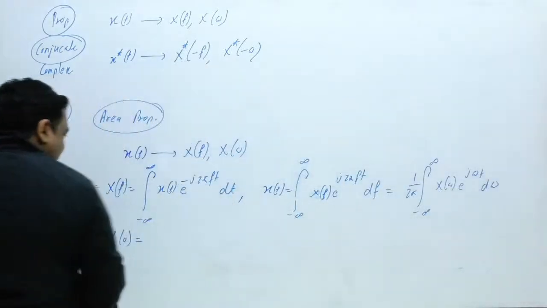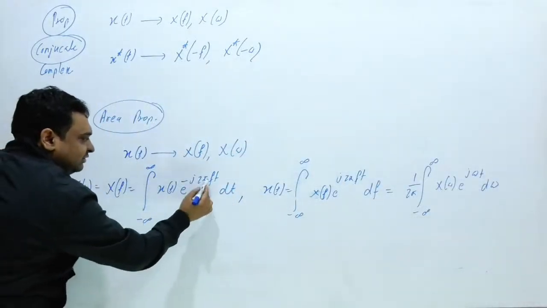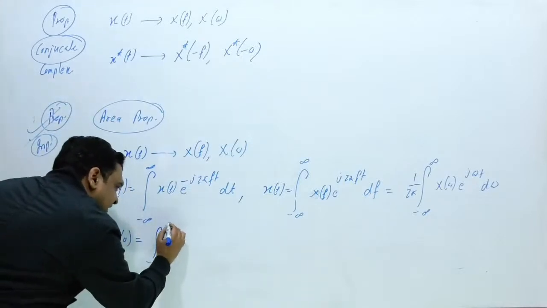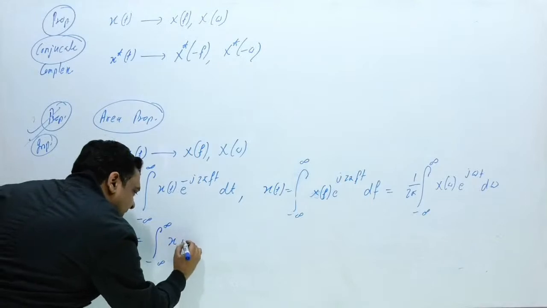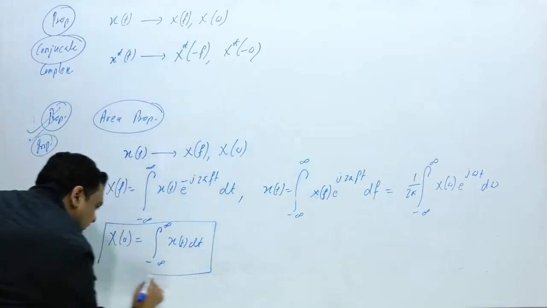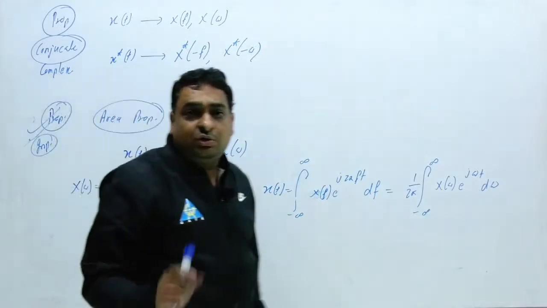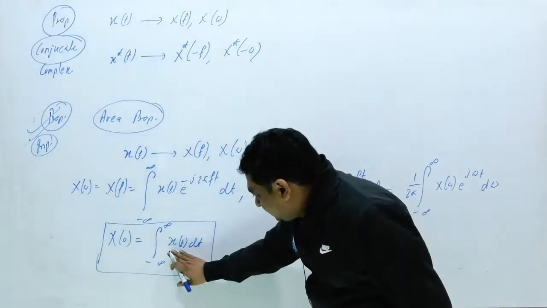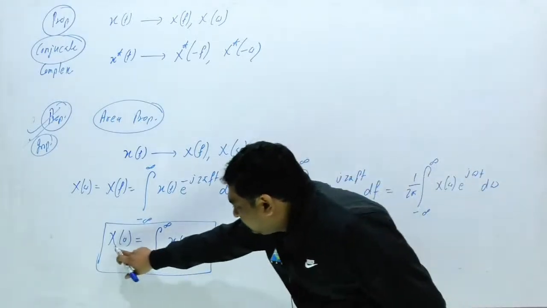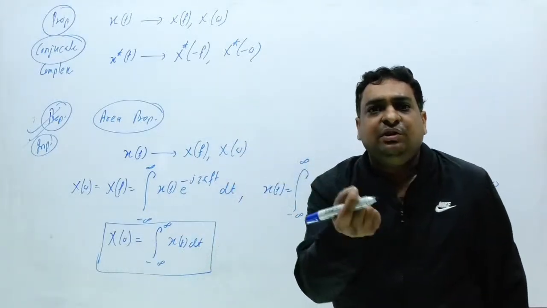What will be the capital X(0)? Here, x(t) e raised to power 0 is 1. It means X(0) is the integration of x(t) dt. This is a very important property. So if you can find the time domain signal area, X(0) means the Fourier transform at 0 position.